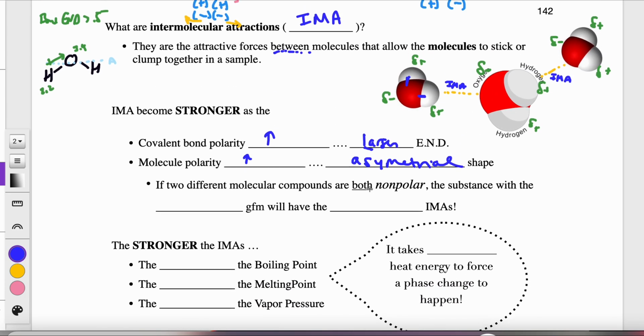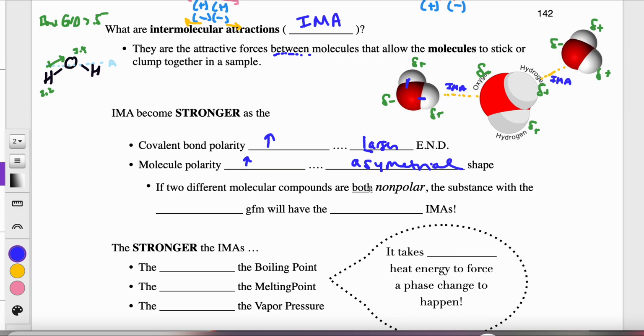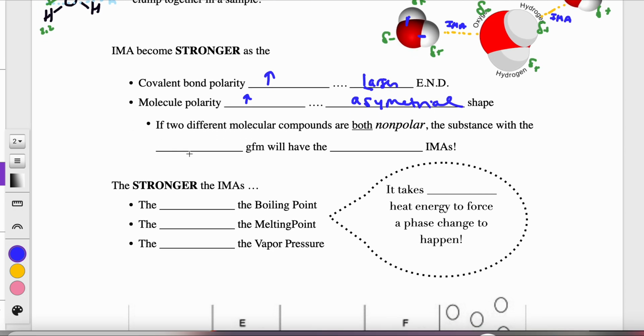Now there are different types or rankings of intermolecular attraction. We're just going to try to keep it simple. If two different molecular compounds are both nonpolar, the substance with the larger GFM will have the stronger IMAs.